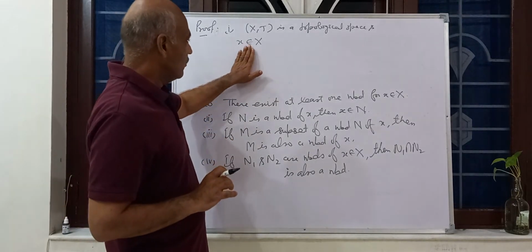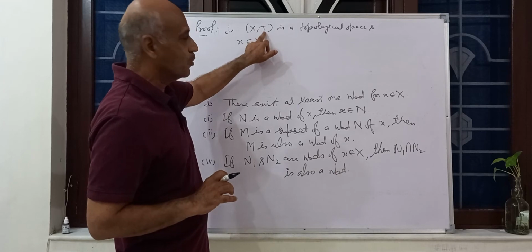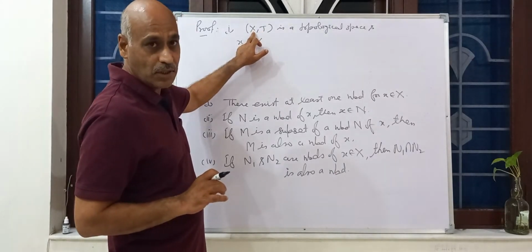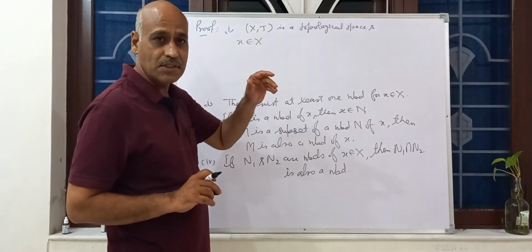So now we can write (X, T) is a topological space, X is a non-empty set and T is a topology. What is the definition of topology?